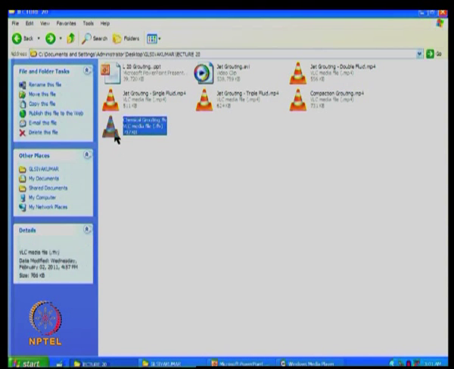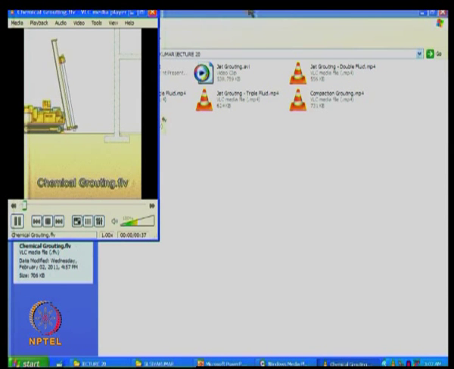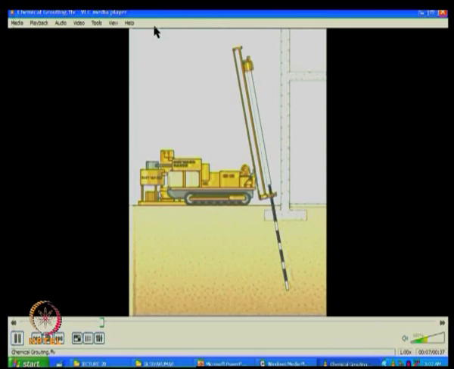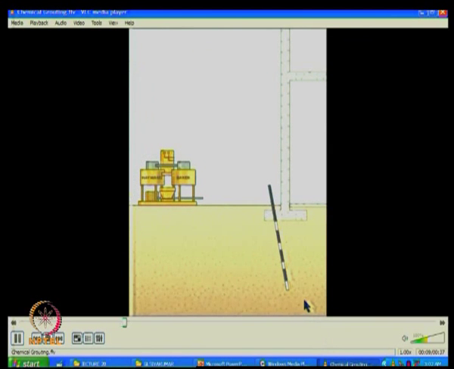We also have chemical grouting, as I just mentioned, when the size of the, okay, then you are trying to feed that.